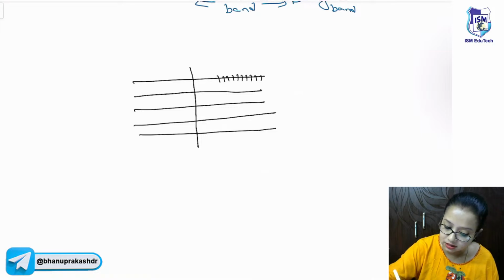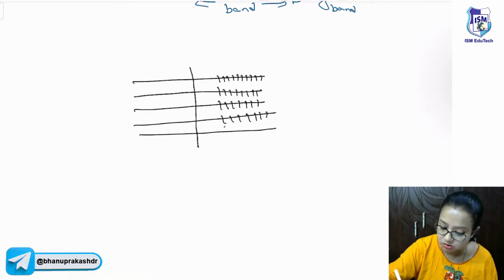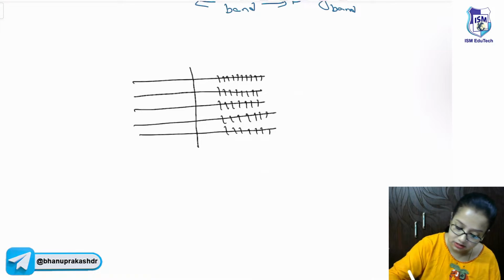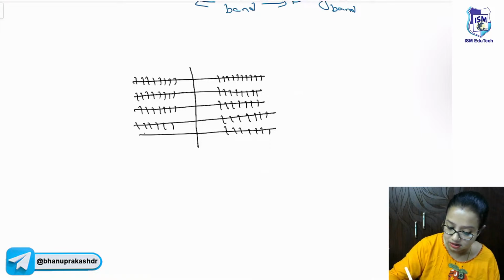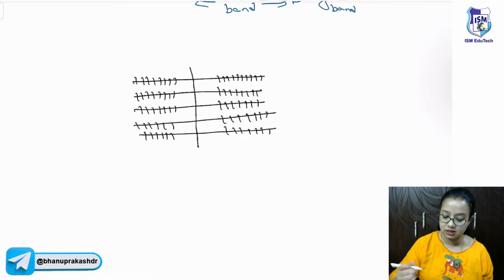It is darker and the configuration looks like this. It is seen that in the A band, there is a heavy chain which is called the myosin chain.